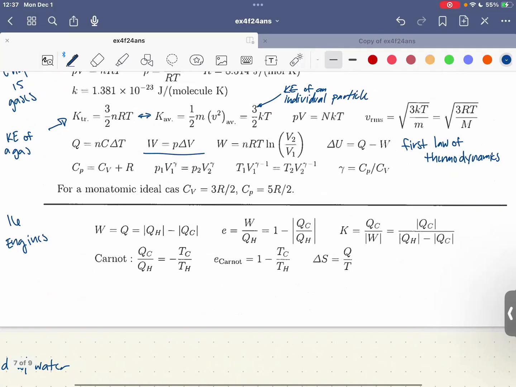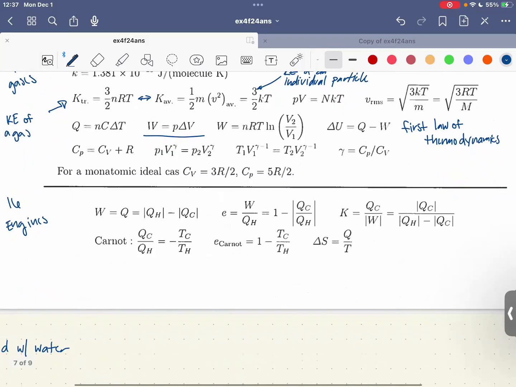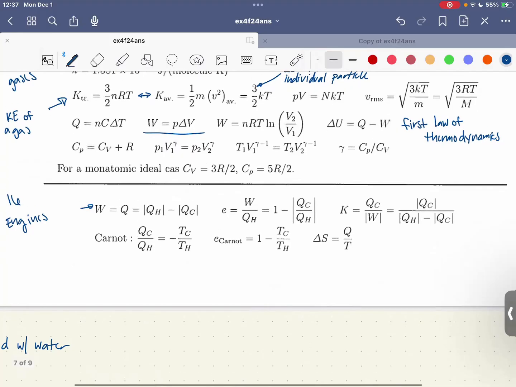And then we have engines. The engines are also, you just plug stuff in. So this one right here, we just have work is equal to heat. This one is efficiency.